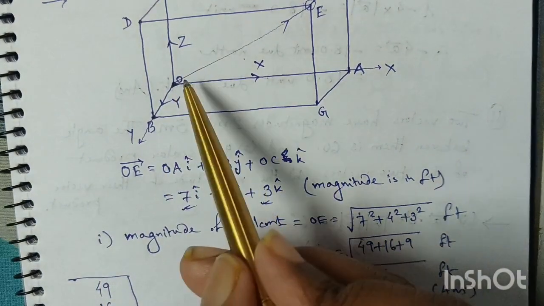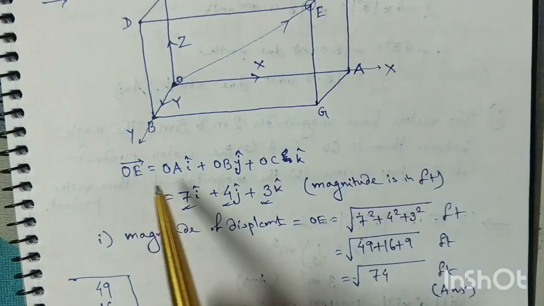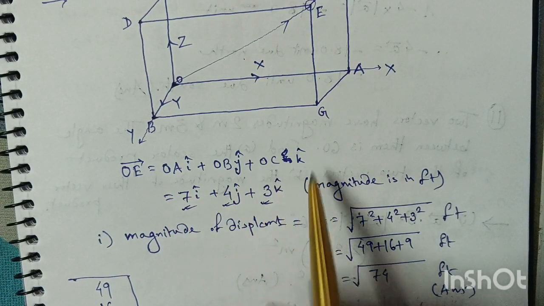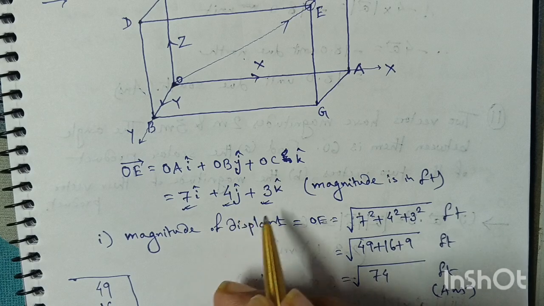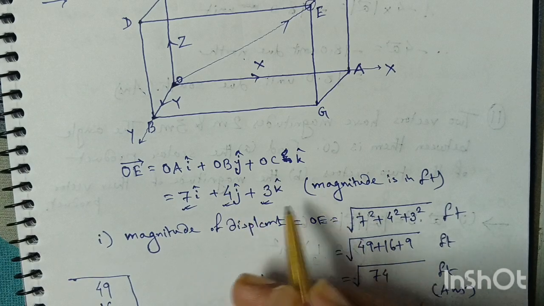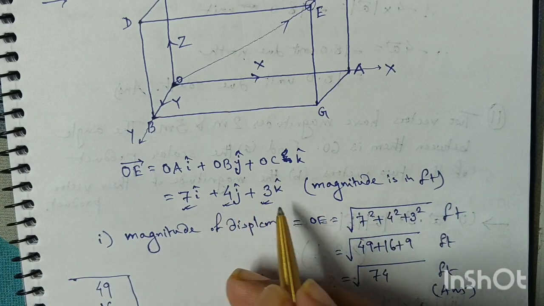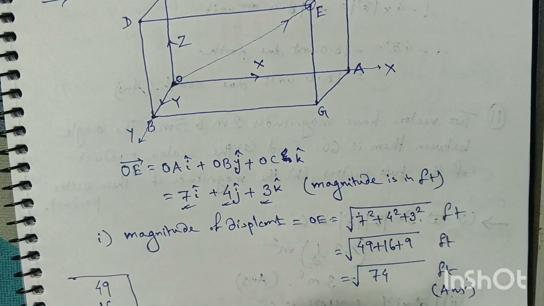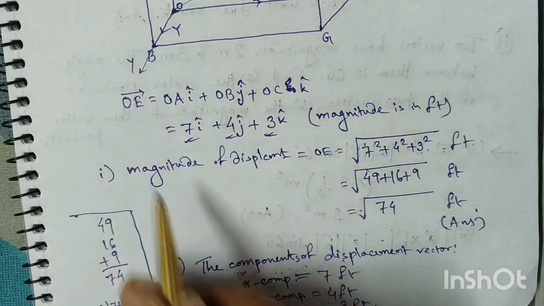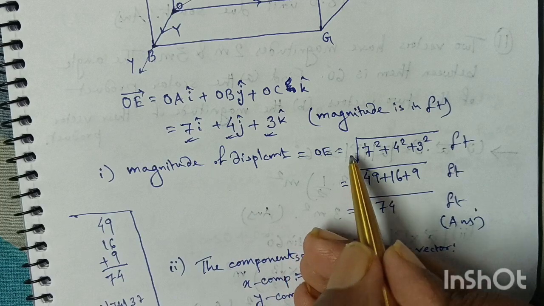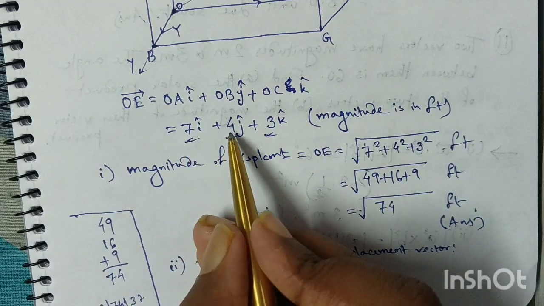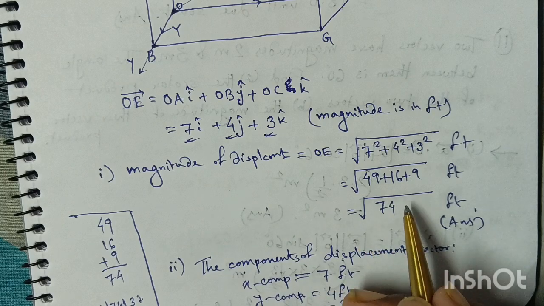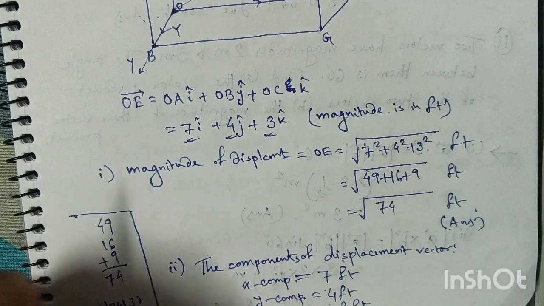Now we first write the displacement vector OE is equal to OA i cap plus OB j cap plus OC k cap is equal to 7 i cap plus 4 j cap plus 3 k cap. Since they are in feet, therefore the magnitude is in feet. Now magnitude of displacement OE is equal to root over 7 square plus 4 square plus 3 square feet is equal to root over 74 feet.